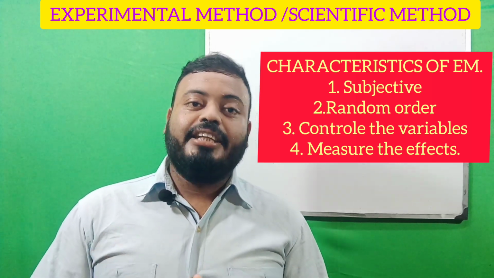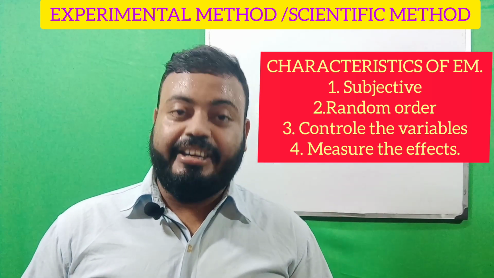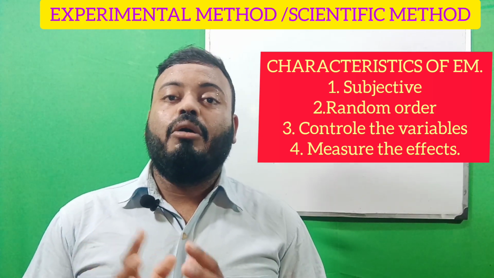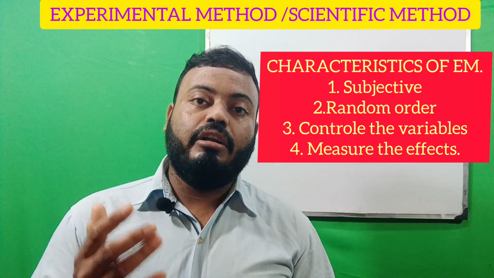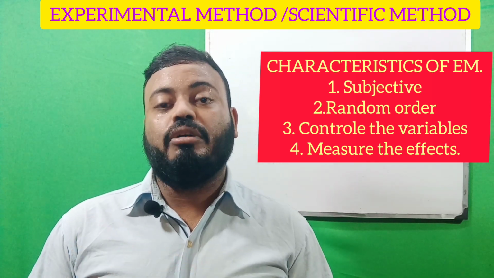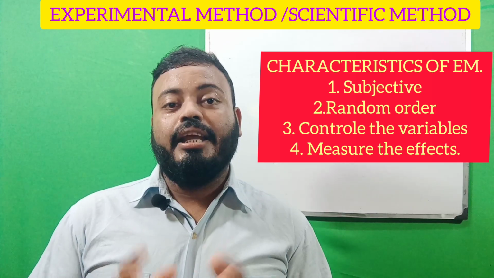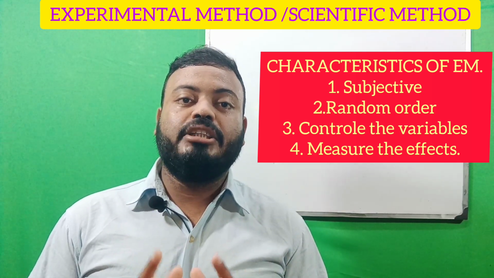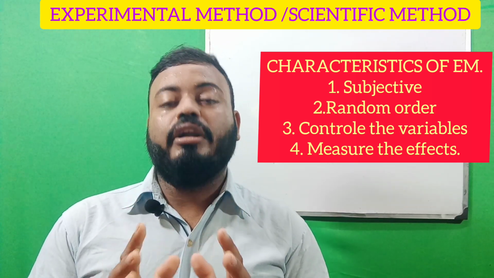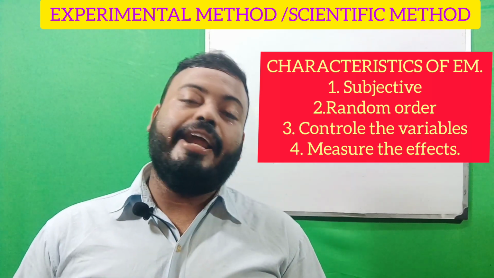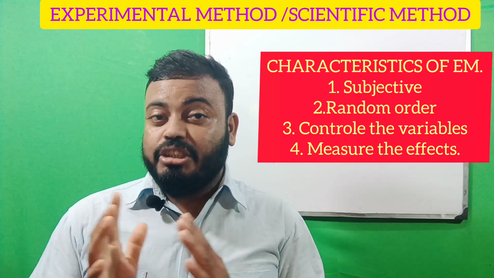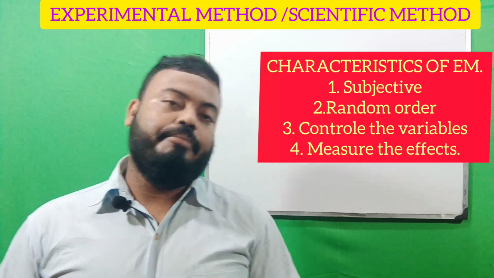Next is the measurement of the effects. What data you select, what you are doing in the research work, and how you do it, all these measurements are also conducted in your research work. So these are the four main characteristics of the experimental method.